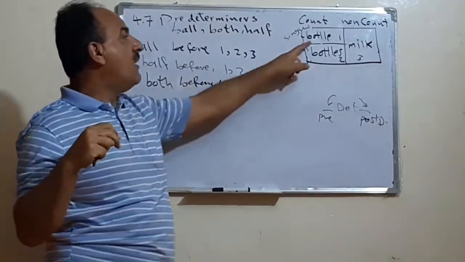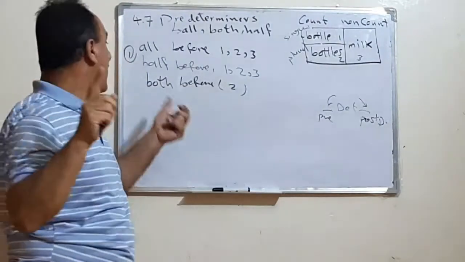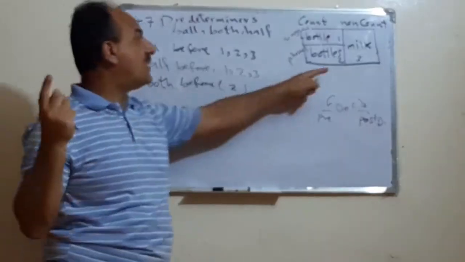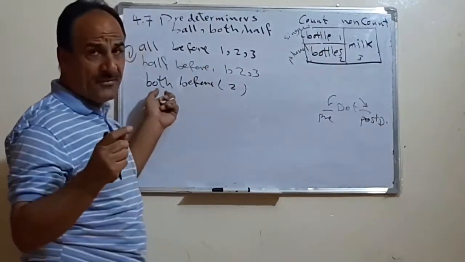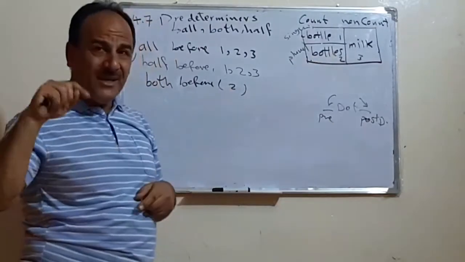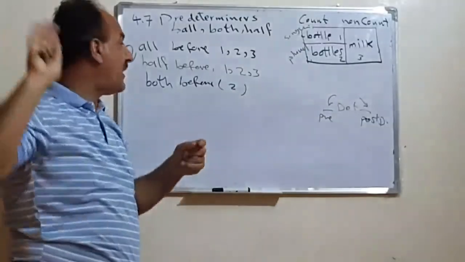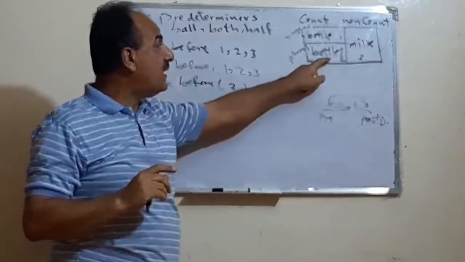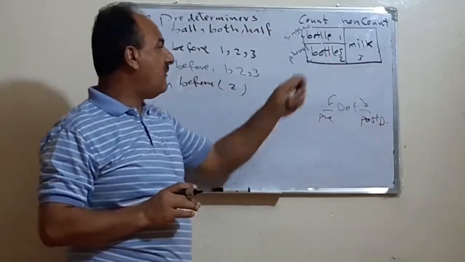We cannot say both writer, because writer is singular and both means two. Also we cannot say both coffee. So both is used before plural only when it has the meaning of just two, not 3, 4, 5, or whatever number.